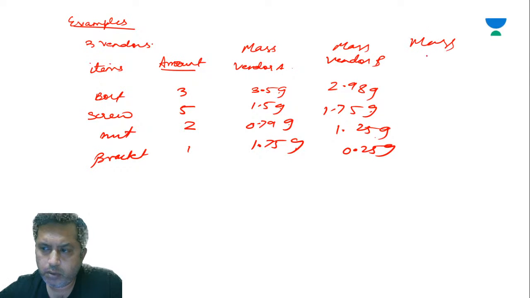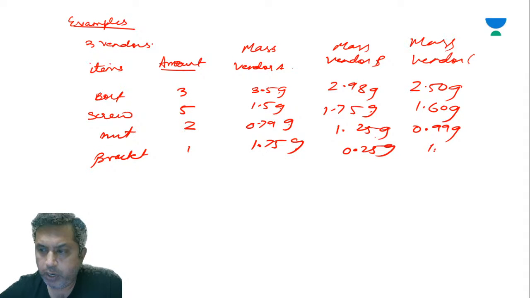Mass: vendor C, 2.50 gram, 1.60 gram, 0.99 gram, 1.6 gram, 1.25 gram.